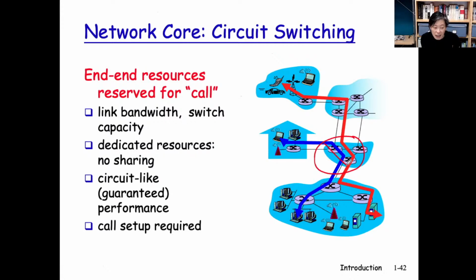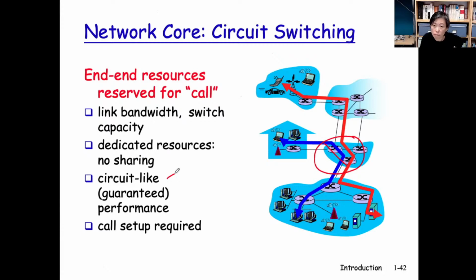These days, where we do online meetings a lot, having live YouTube channels a lot, we'd really like to have this circuit-like performance. This way, we don't have to worry that the internet is going to go bad and the live stream is going to break at some point. Nice.